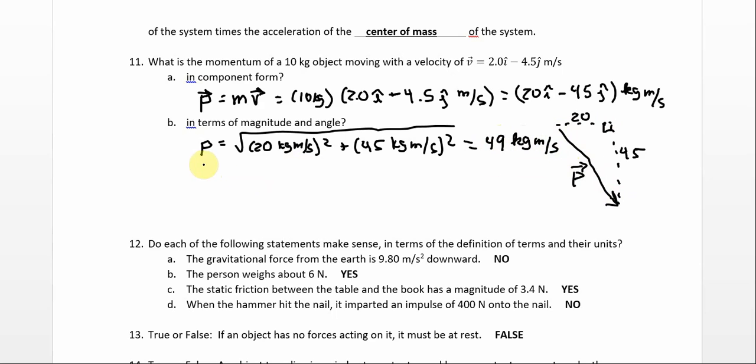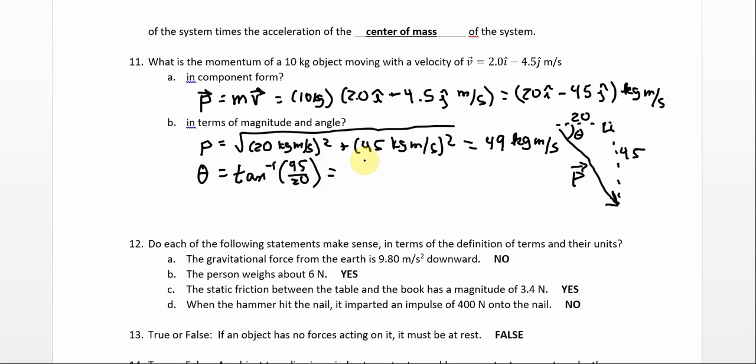What's the angle? Well, we can measure it from the horizontal if we like. That'd probably be the typical thing to do. And then the 45 is the opposite and the 20 is the adjacent. So it'll be the inverse tan of 45 over 20. Those are both kilogram meters per second, so that cancels. I won't bother writing it out of laziness.